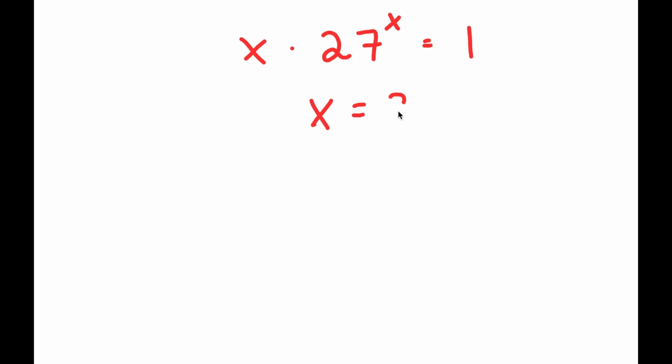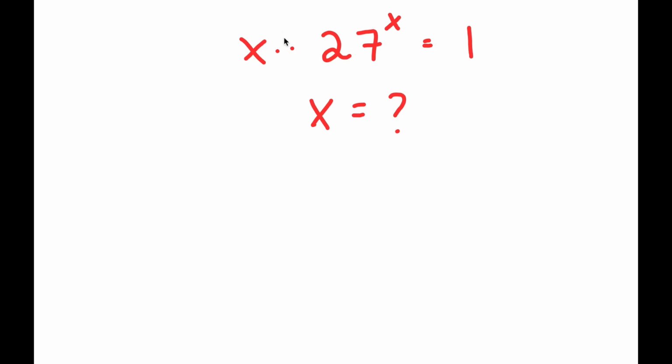So in this case, I have 27 to the power of x to the power of 1 over x, and a is 27, m is x, and n is 1 over x. So this is going to turn into 27 to the power of x times 1 over x. And now x and 1 over x, these two are reciprocals of each other. And if you didn't already know, anytime you multiply two reciprocals, it always turns into 1.